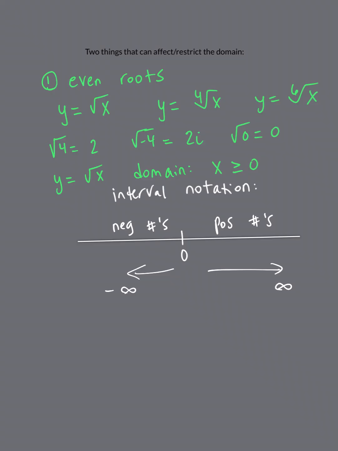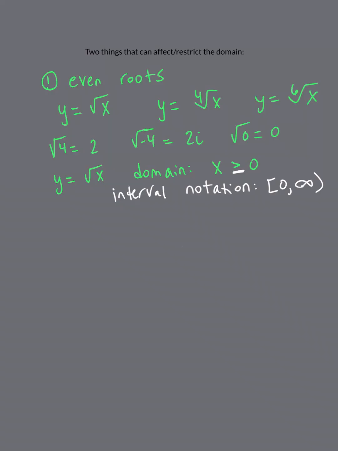But if your domain can only be x is greater than or equal to 0, then you're starting here and you're only going in this direction to positive infinity. So the way we write this is with a bracket, 0, comma, infinity, parentheses, because infinity always uses parentheses because it's not a set number. But 0 will have a bracket because of this equal sign right here. Your domain includes 0, so therefore you have a bracket.